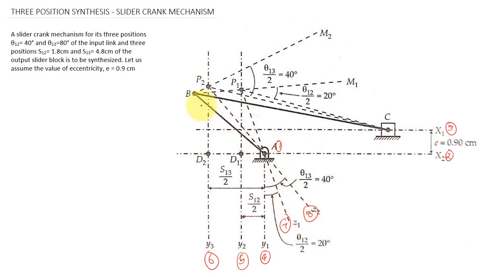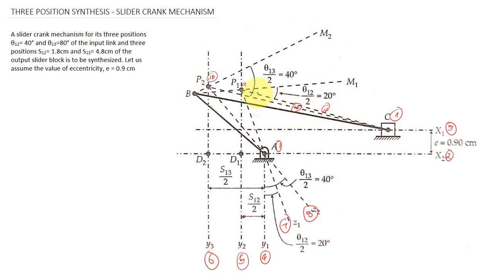After that, this z1 and y2 will meet at a common point, which is P1, and z2 and y3 will meet at a common point P2. From this, next you are going to assume the point C on the line x1. After that, join the lines P1C and P2C.